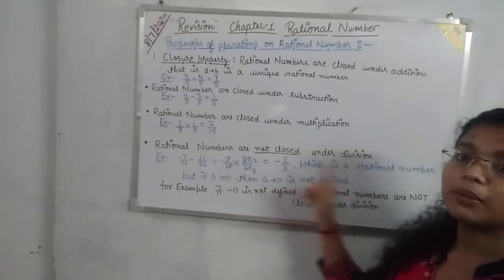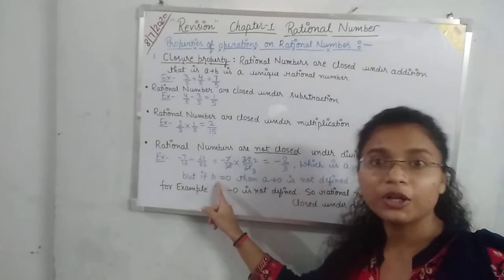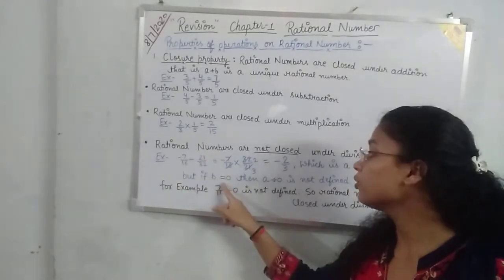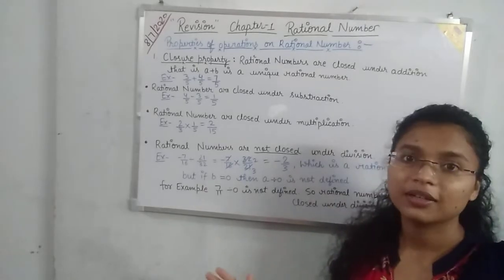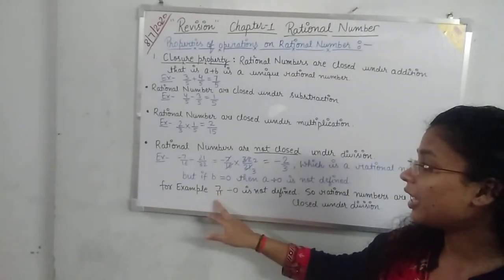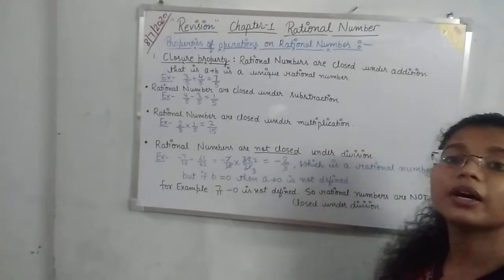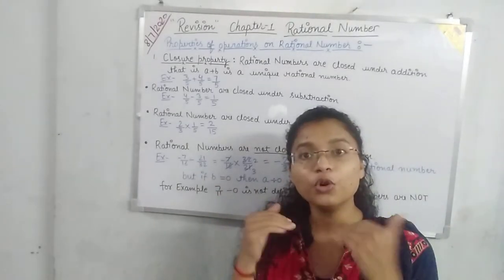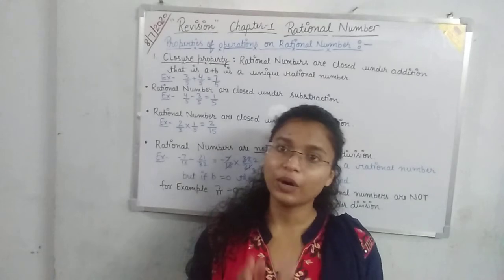Minus 2 by 3 is a rational number, but if b is equal to 0, then a divided by 0 is not defined. For example, 7 by 11 divided by 0 is not defined. So rational numbers are not closed under division. A few more properties are there. We will discuss them one by one.